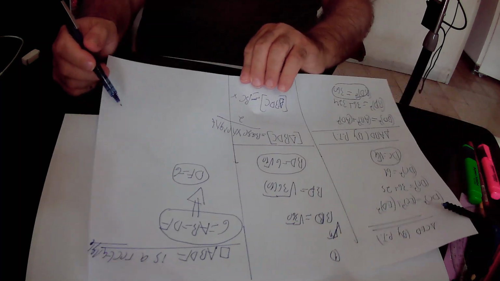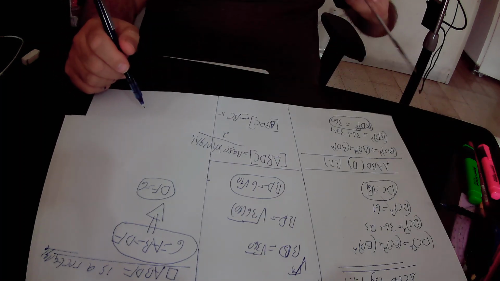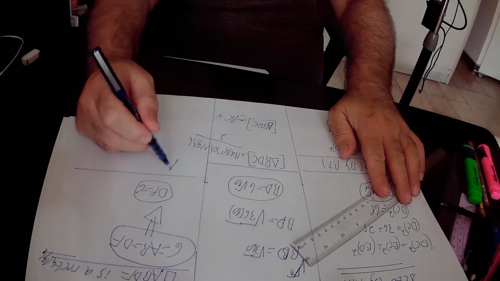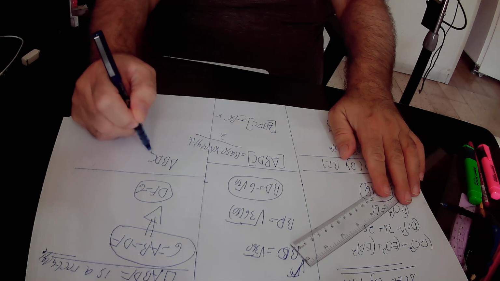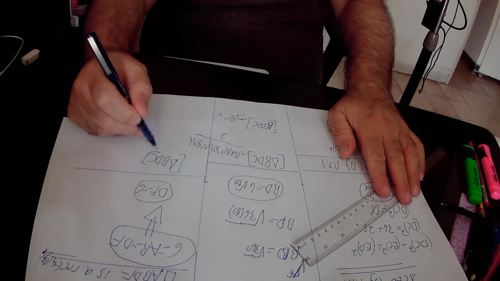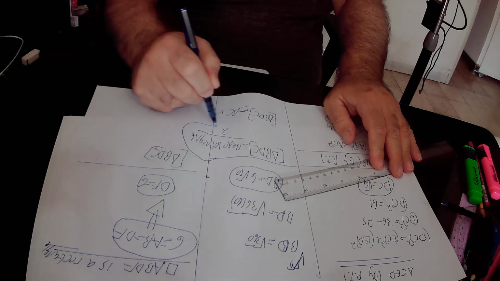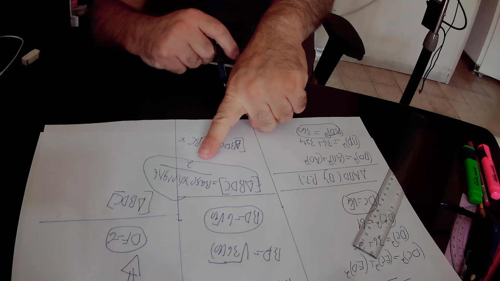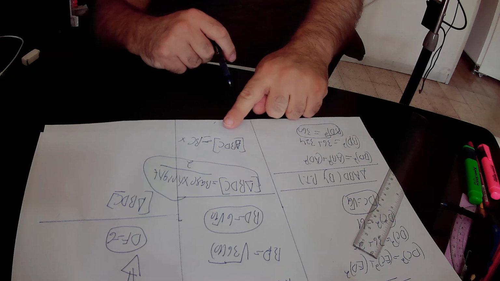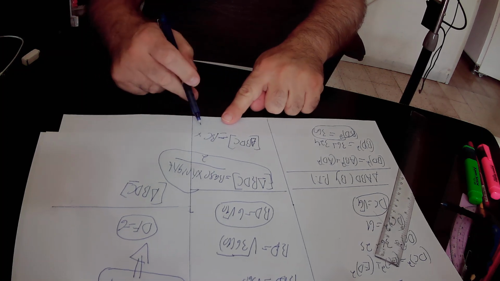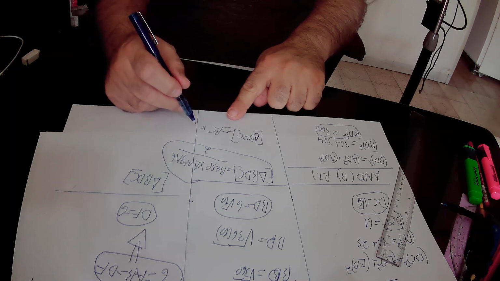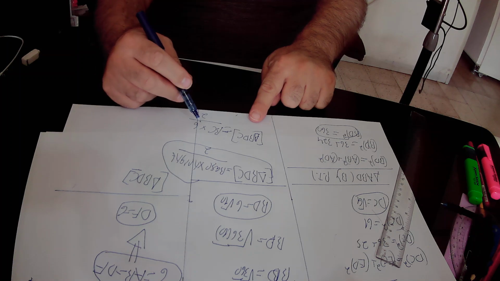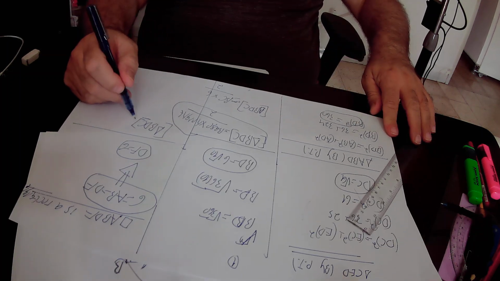So, according to our formula, the area of the green triangle BDC is equal to the base times the height over 2. And the base is BC times the height, that is 6, over 2. So the area of the green triangle BDC equals BC times 6 over 2.